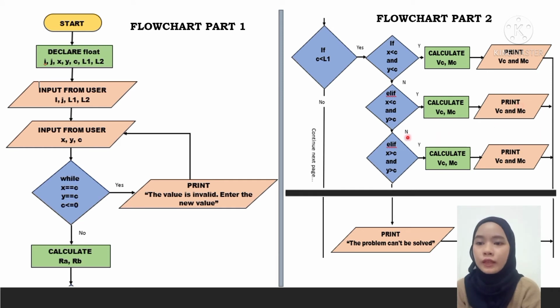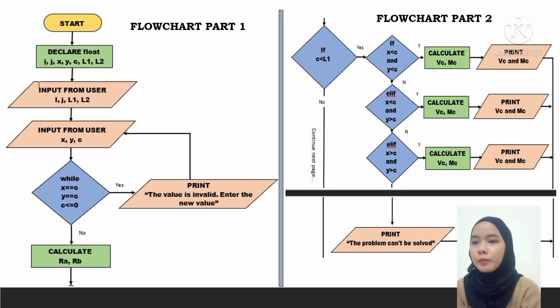If the second condition is not correct, it will look at the third condition, which is X more than C and Y more than C. Then the program will calculate VC and MC, then print the VC and MC values. If all three conditions are incorrect, the program will print the problem cannot be solved.